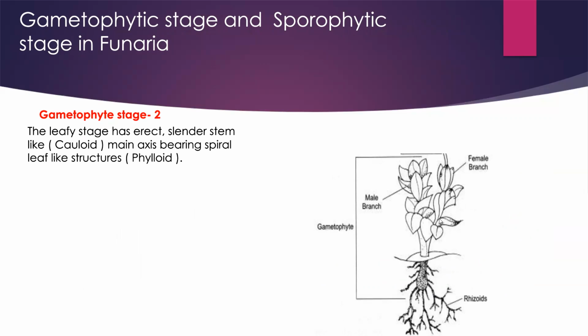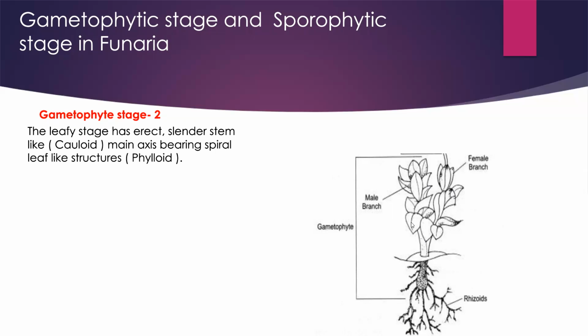This second stage of gametophyte is erect, and you can see it has a stem-like elongated structure, and that stem-like elongated structure is called a caulid. And around this caulid or stem-like axis, leafy structures develop in a spiral manner. These leafy structures are not true leaves, but they look like leaves, so they are called phylloids.